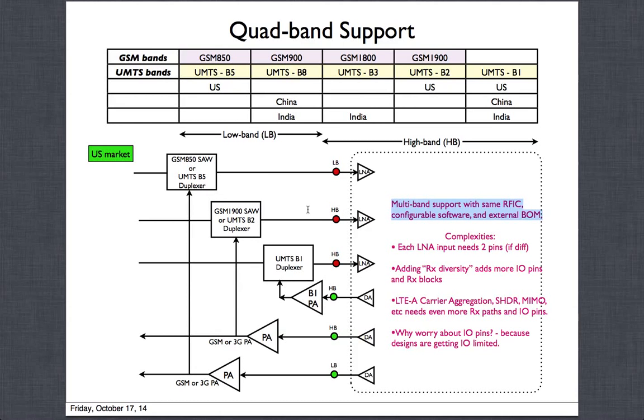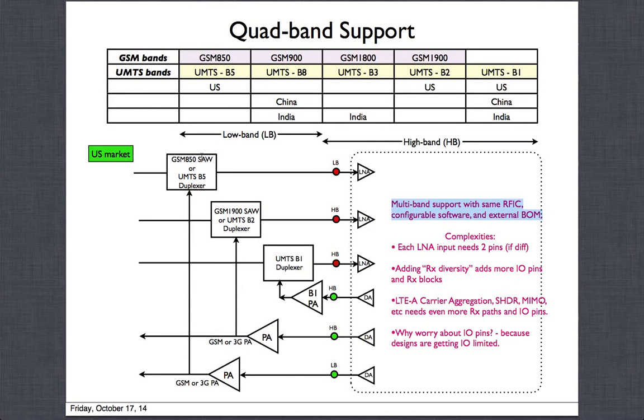Let's take an example with this first one. They have this PCB made, which is what we call the phone reference platform or the phone reference design, and they have a slot here to put a component. They could populate it with a GSM 850 SAW filter, a SAW filter for the GSM 850 MHz band.